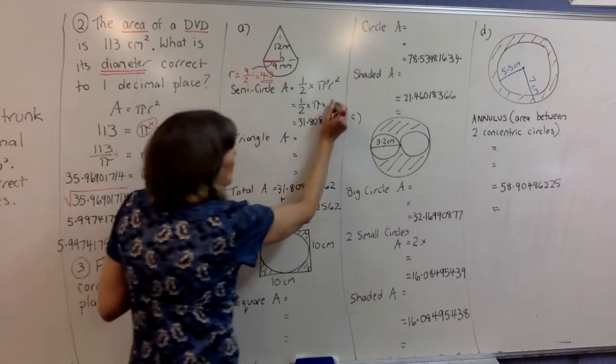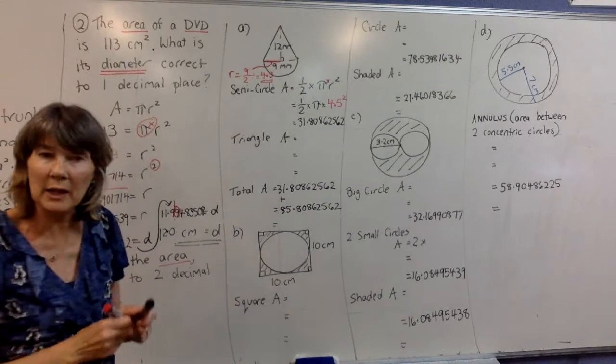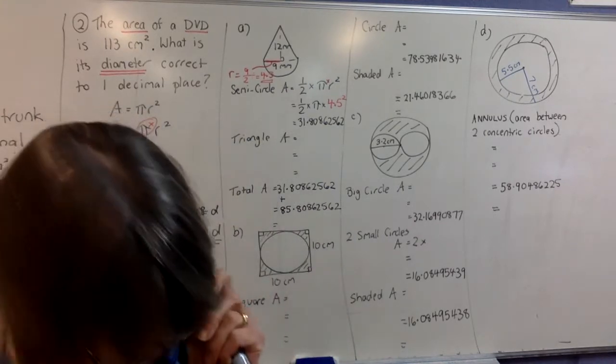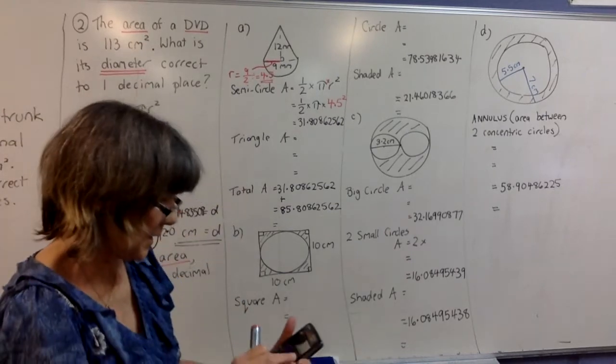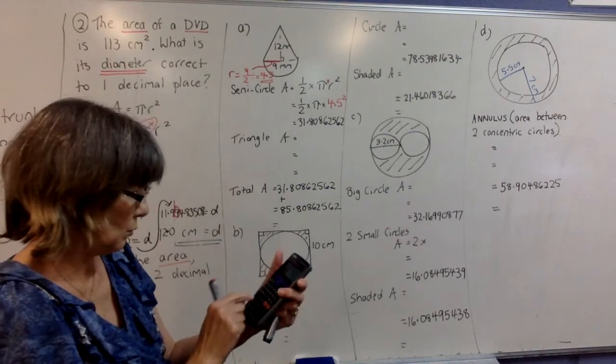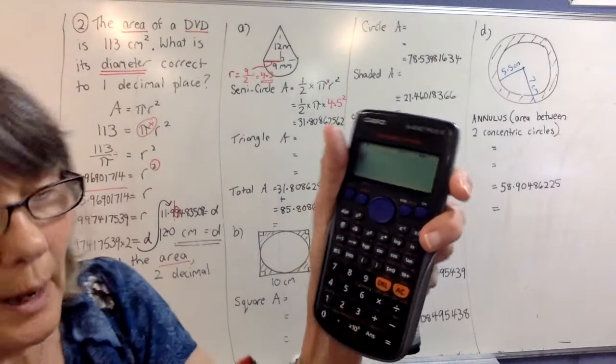Okay, so we're going to put the 4.5 in here for our radius, and then you're going to put the whole thing in your calculator. To enter it, we will be pressing the fraction key, 1 over 2, 1, down arrow, 2, right arrow out of it, times.